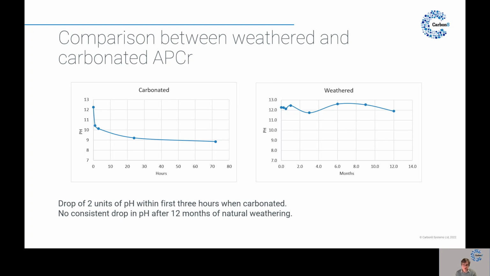And you can see that there's a very rapid drop of pH in the first hour or so. Whereas with weathering, the pH varies a bit, and actually even over 12 months left out to weather, you don't get much of a pH drop.